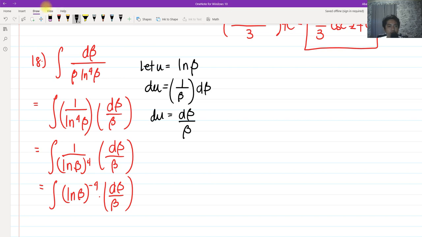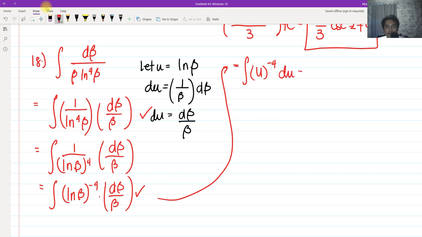Now we can proceed with our u substitution: integral of u raised to negative 4, and du is d beta all over beta, which is already in the integral. By the power rule, we have u raised to negative 4 plus 1 all over negative 4 plus 1 plus c.